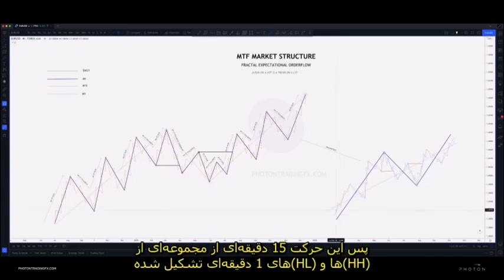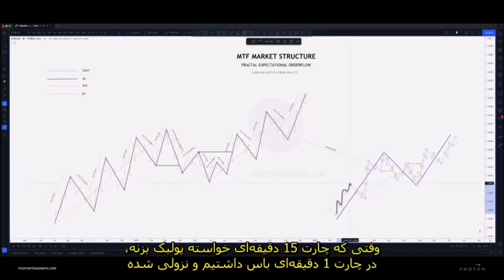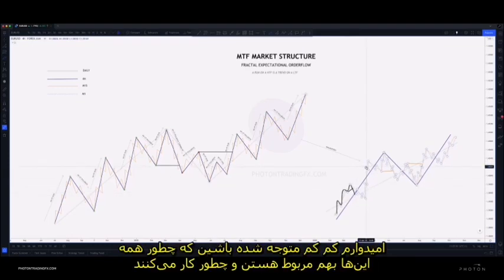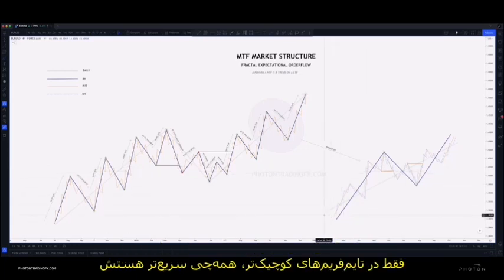So that one 15-minute move is made up of a series of higher highs and higher lows on the M1. When the M15 is about to pull back, we get a break of structure on the M1, it switches bearish, and it has a trend, right? So on and so forth. Hopefully you're really starting to see how all of it is connected and it all does the exact same thing, except the lower time frame you go, the quicker it happens.